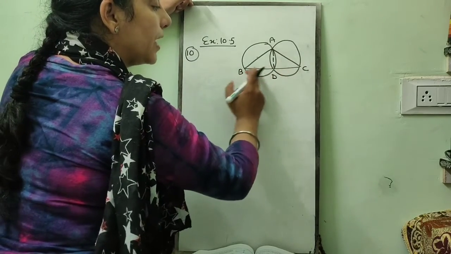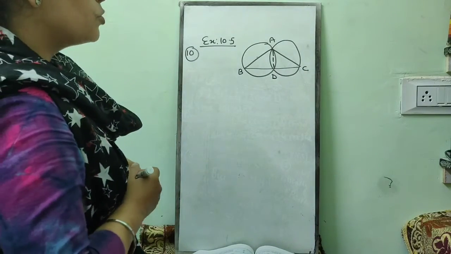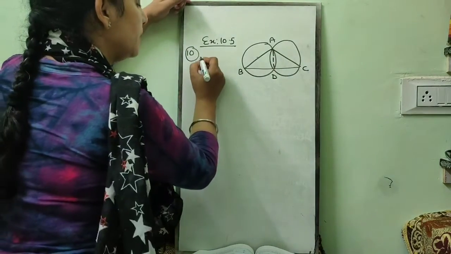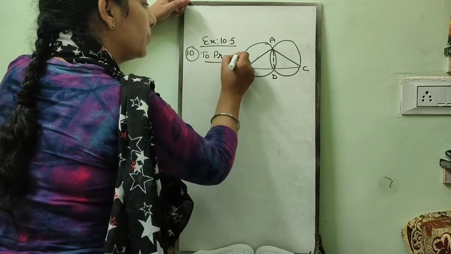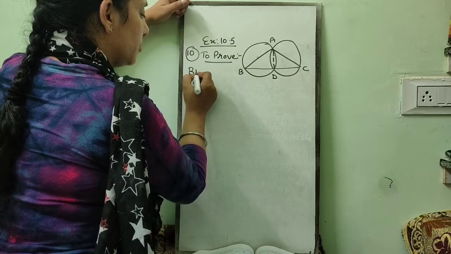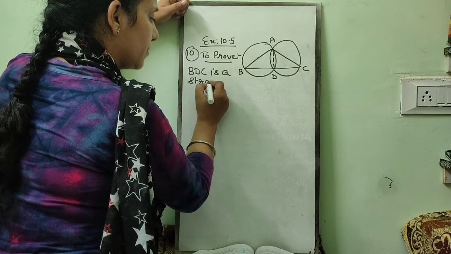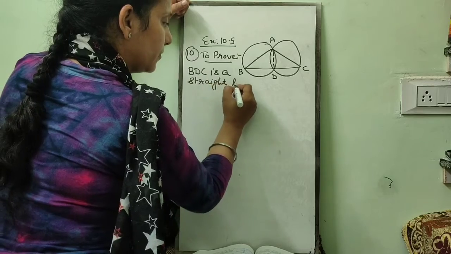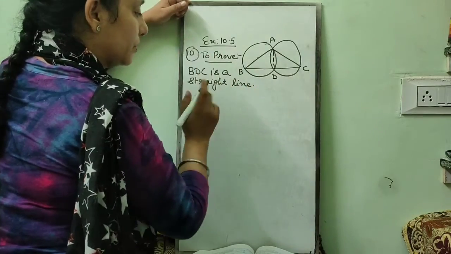You need to prove that BDC is a straight line. To prove is point D lies on BC. Means you need to prove BDC is a straight line. Clear? AB is diameter, AC is also diameter.